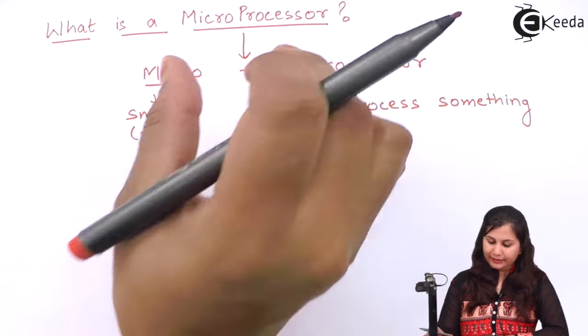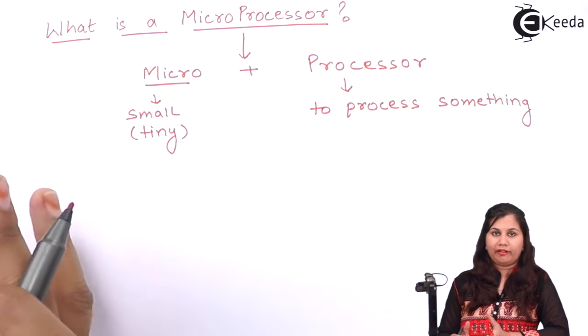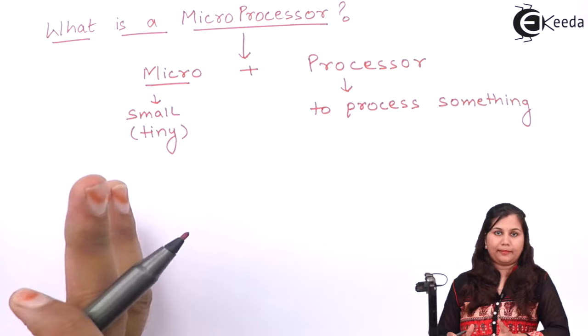So if we combine this, it means that a microprocessor is a small device which is processing something.